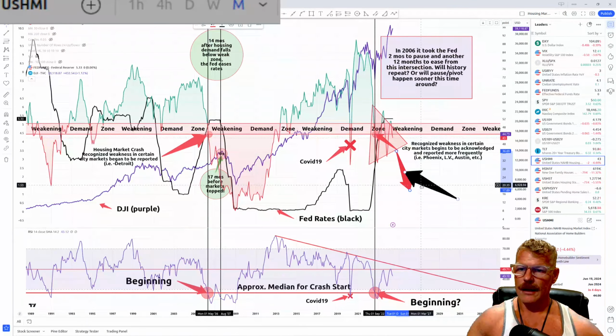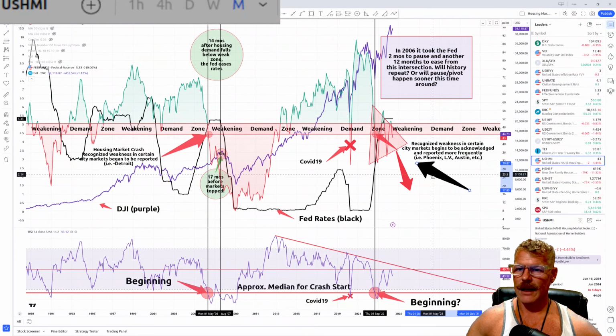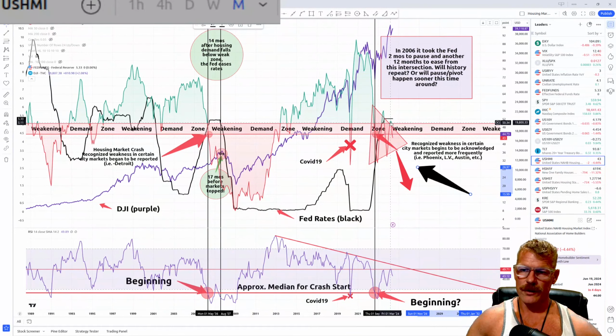But again, the same pattern exists in which when we cross below that zone, the Fed was still continuing to raise rates. All right. So now we've had the Fed pause rates all the while the housing market continues to weaken. And it's really been a whole year so far that the Fed has paused rates.